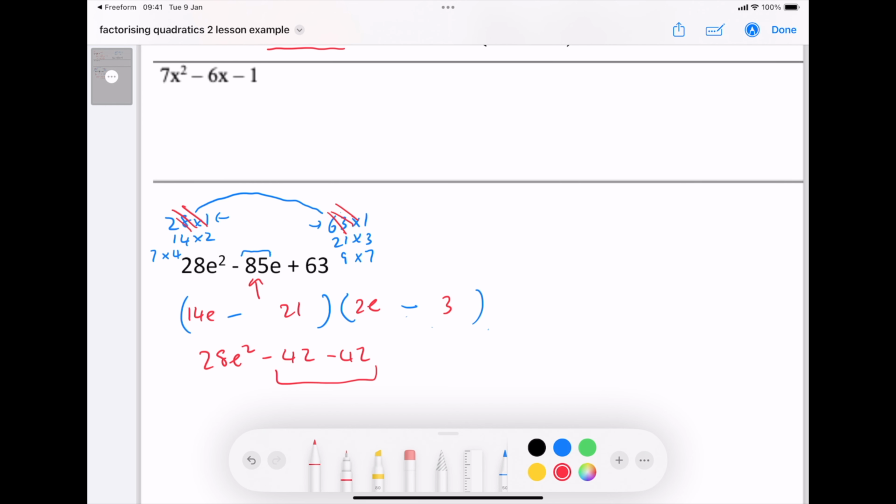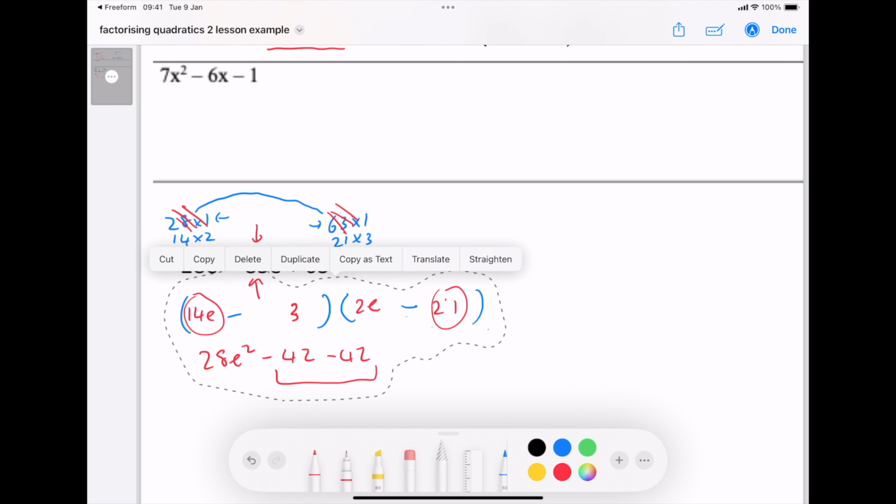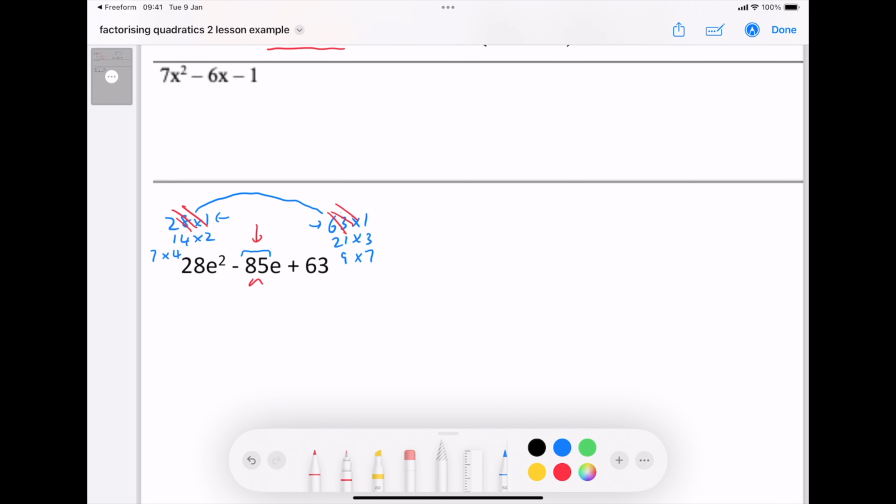So what happens if I switch the 21 with the 3? So put the 3 there and the 21 there. Well, in this case, we go through the same again. 14x times 2x gives 28x squared. 14x times 21 is going to give an answer much bigger than 85. So that is not going to work. So therefore, we can say the second set of multiples, 14 times 2 and 21 times 3, are also not going to work. Finally, we have 7 and 4 and 9 and 7 must be the answer.